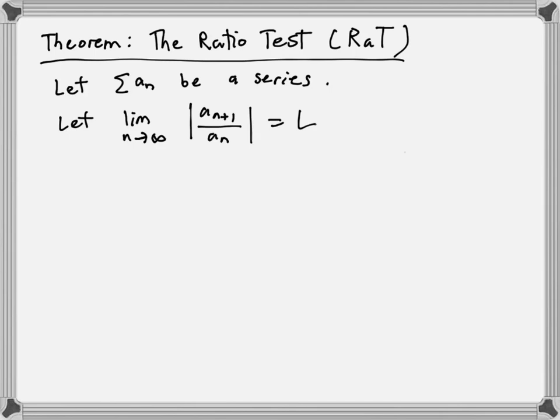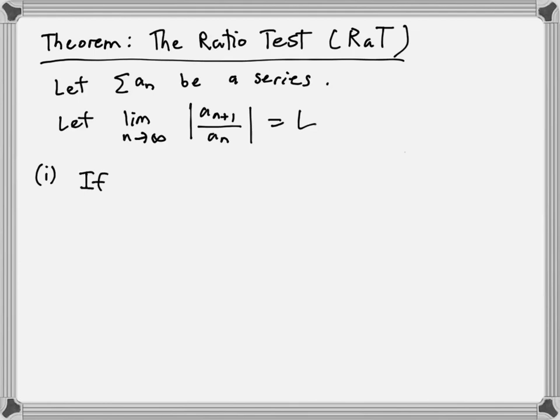Or likewise, if L is smaller than 1, then the terms are essentially getting multiplied by a fraction each time, and they're getting smaller and smaller. So this leads us to the conclusion. I'm not going to prove this theorem, which is why I wanted to explain a little bit about it.